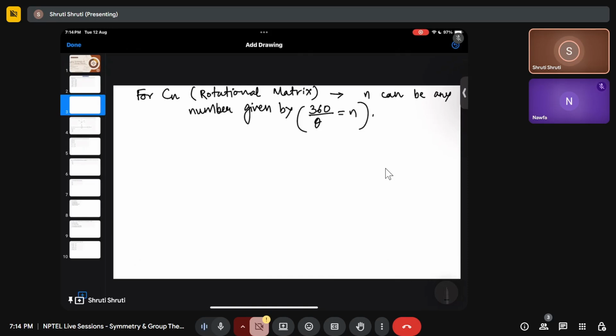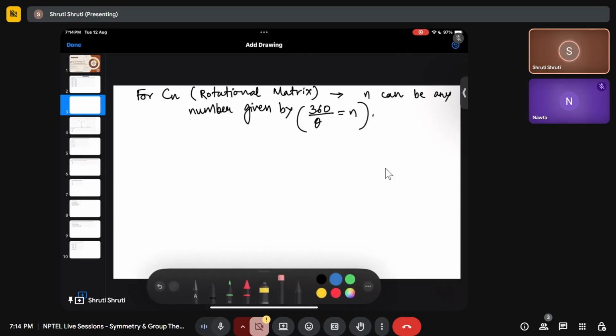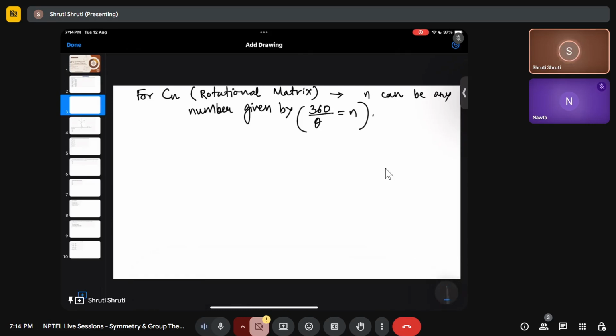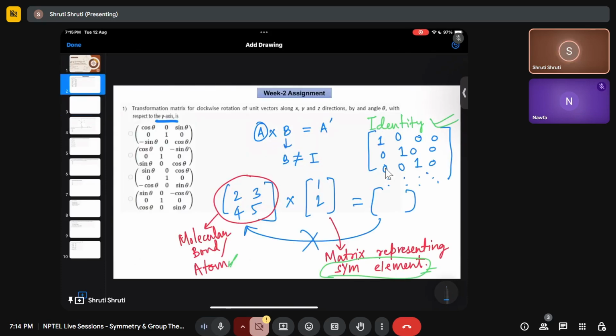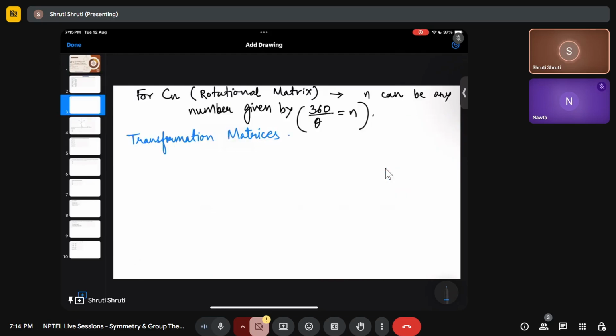So here we are dealing with any rotational axis. It's the generalized form; it can be C1, C2, C3, Cn, anything. These matrices which represent the symmetry elements are called transformation matrices.